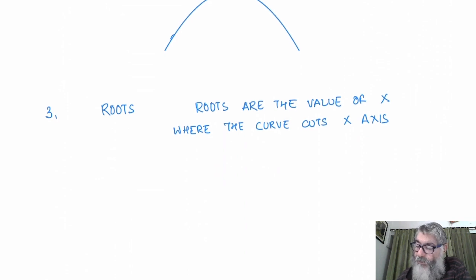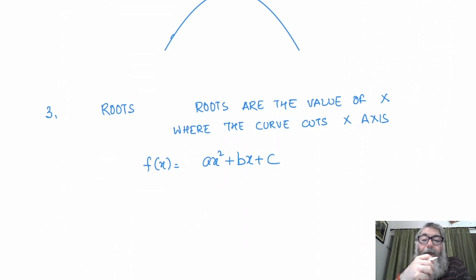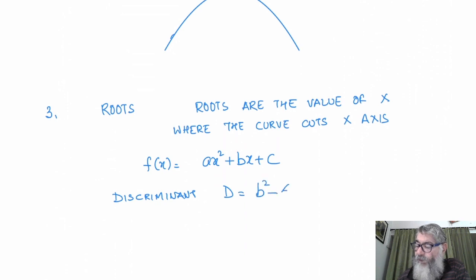We have the equation f(x) is equal to ax square plus bx plus c. Now you have done the quadratic equations even in standard 10th, and you have calculated the discriminant. Discriminant D is equal to b square minus 4ac.